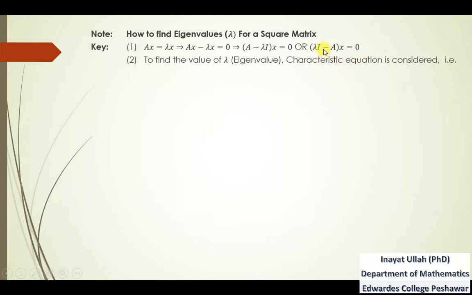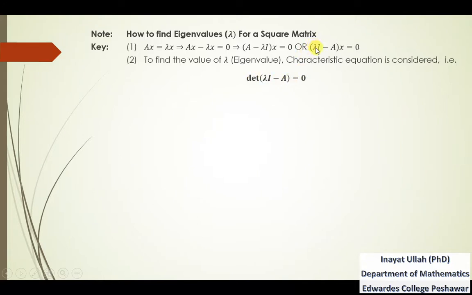Determinant of lambda I minus A is equal to 0 is called the characteristic equation for this square matrix A. I repeat, ignoring this x, take the determinant of lambda I minus A and equate it to 0.